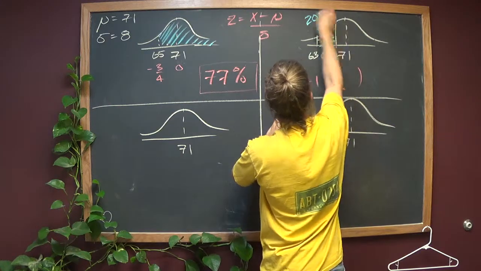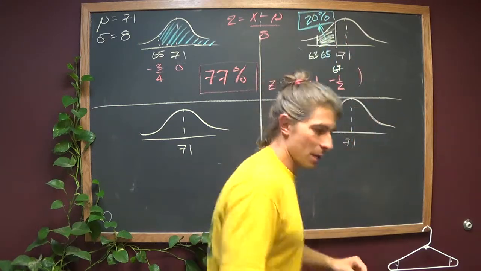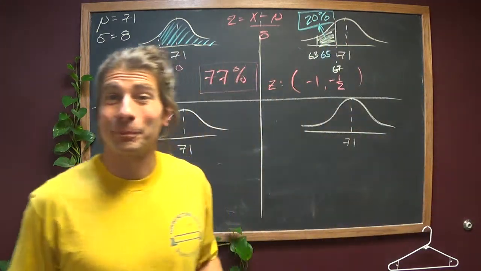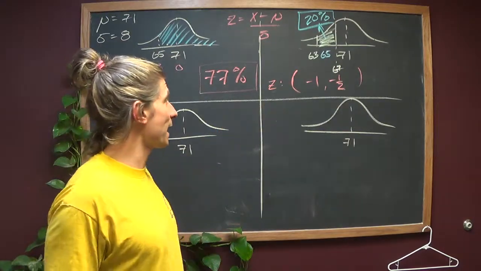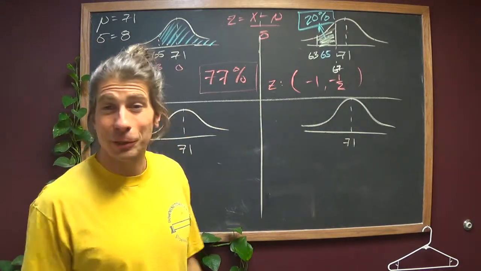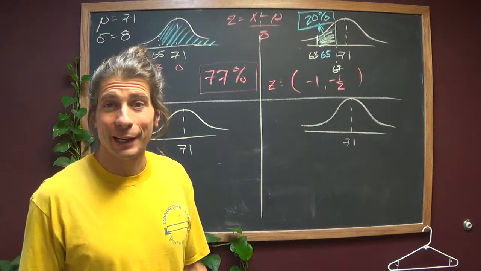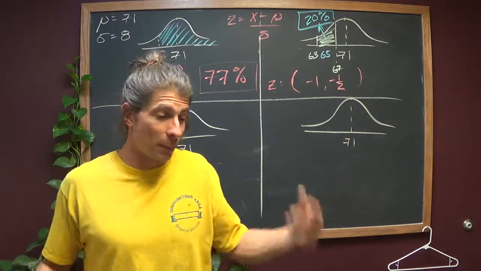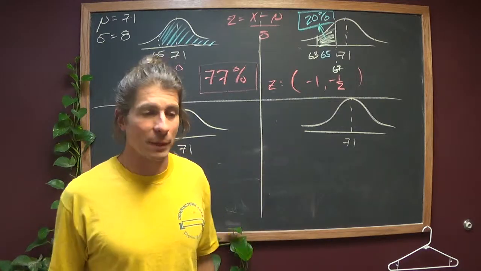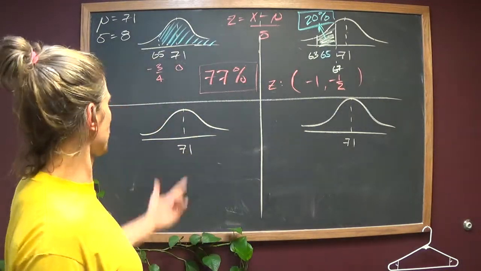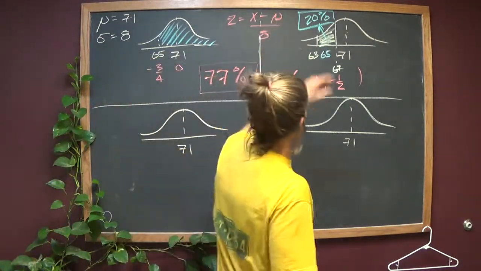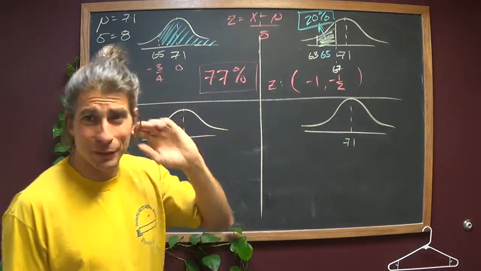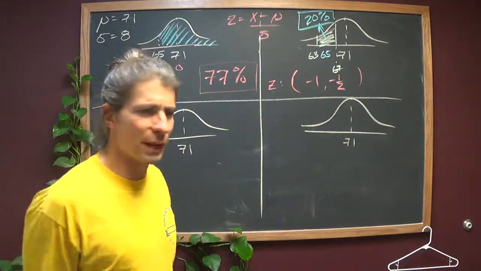So 20% is your area between -1 and -1/2, giving you your percentage of those within 2. Now, why you would need to know that, I'm not sure. I made that one up because I figured, why not? Let's do a between problem. So far so good, 77%, 20%. I'm rounding these off to the nearest whole percentage.